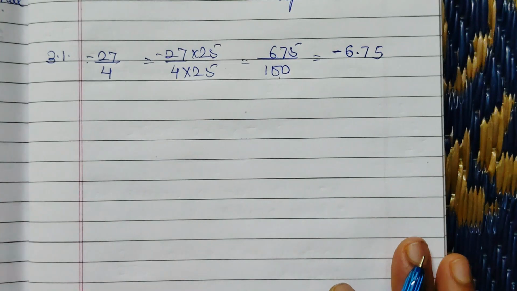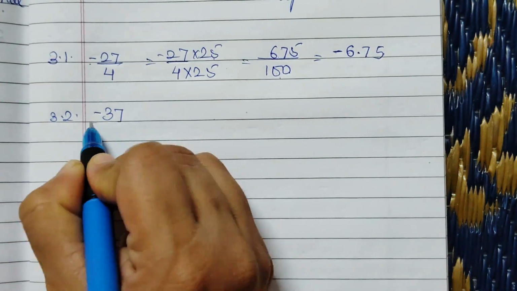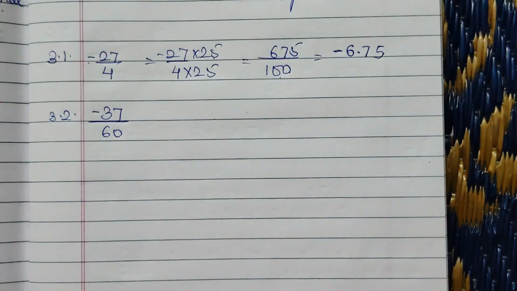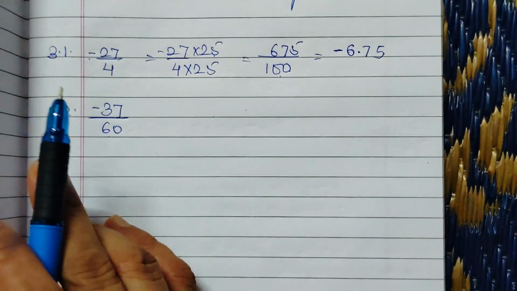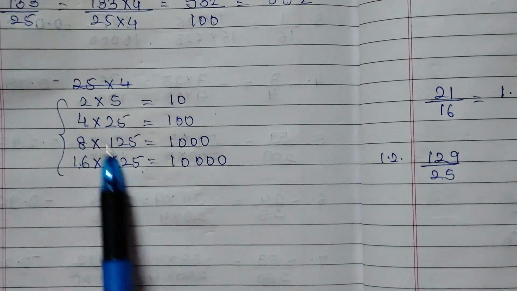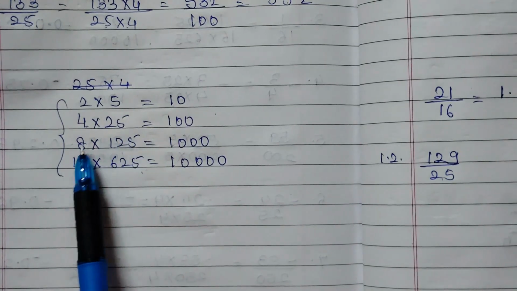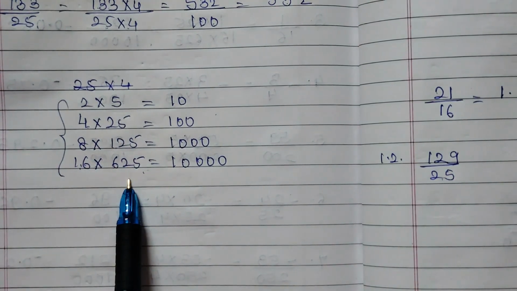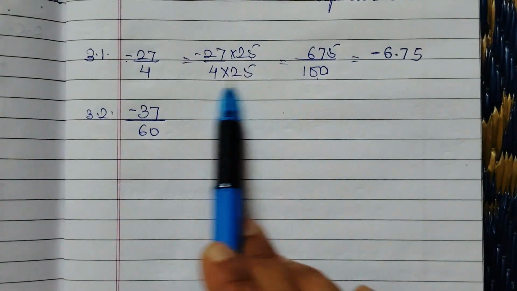Okay, now next question is minus 37 upon 60. Here in the denominator there is 60, and previously I told you only if these numbers are there in the denominator, 2, 5, 4, 25, 8, 125, 16 and 625, then only we are going to do this method.